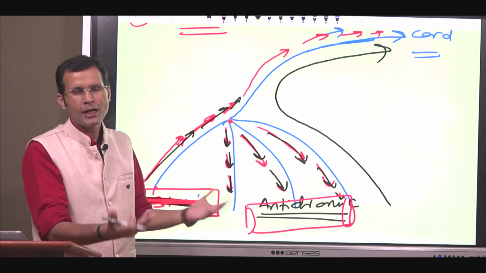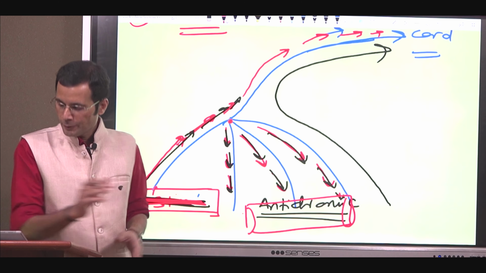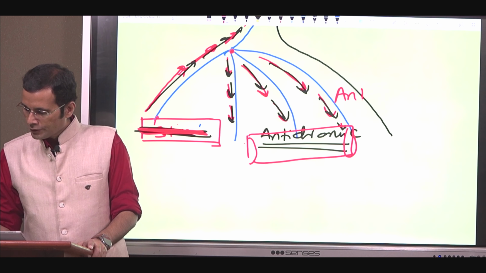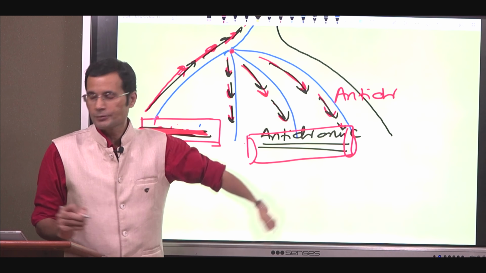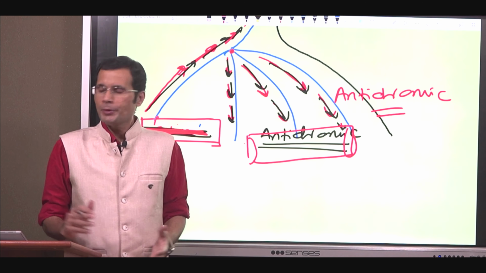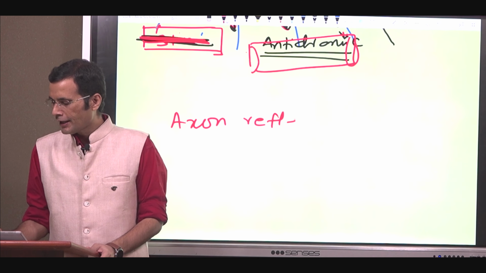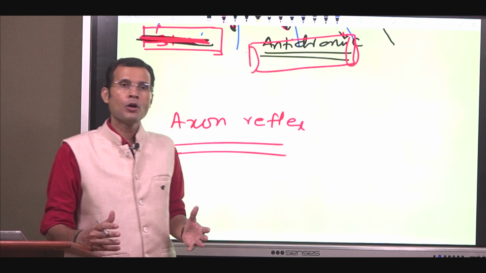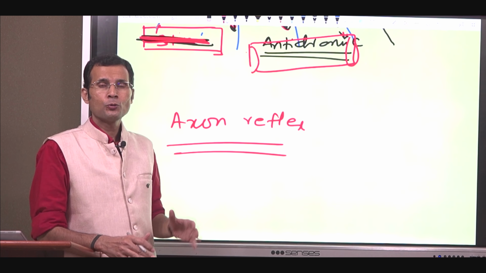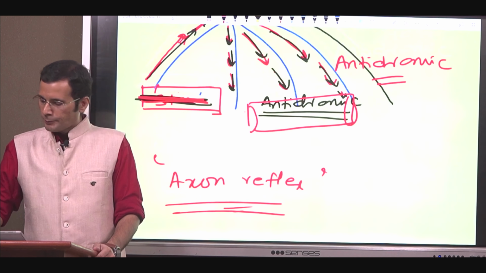Flare up, I'm just using the term in a conventional manner, flare up or spread. So that is antidromic conduction in the other branches. Well, this is also said to be because of the axon reflex. So I'm just adding one more term. This triple response and the flare is said to be because of the so-called axon reflex. So keep that term also in mind.